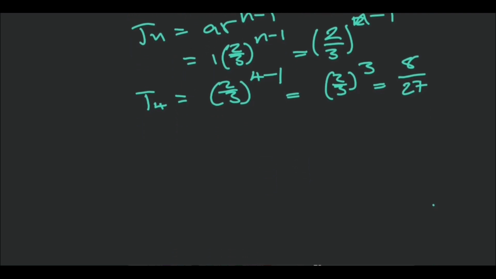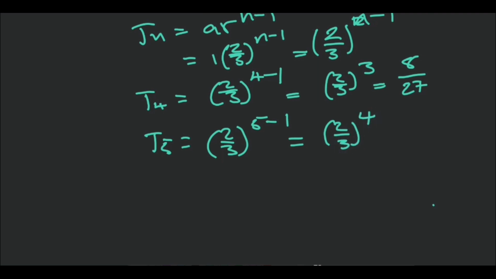All right, and our T5: T5 is equal to 2 over 3 to the power 5 minus 1, which is 2 over 3 to the power 4, which gives us 16 over 81.